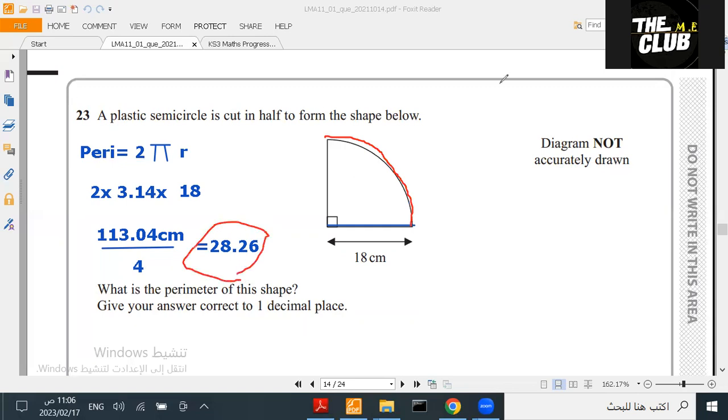What's next? We add 2 pi r. What did we do? We add.